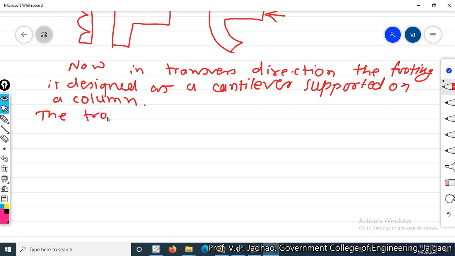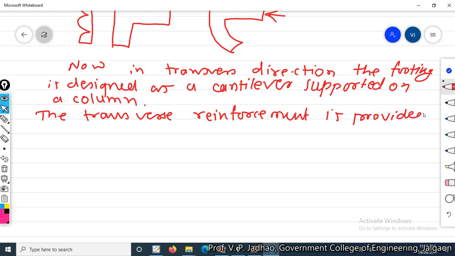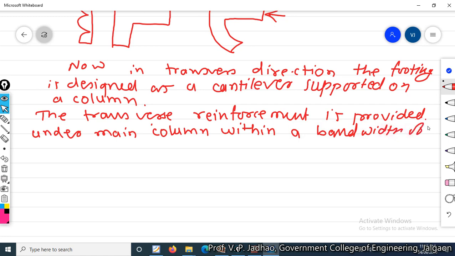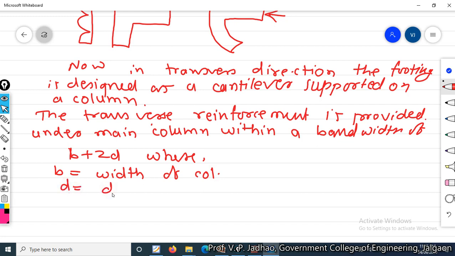Therefore the transverse reinforcement is provided under main columns, or simply columns, within a bandwidth of again b plus 2d, where small b is equal to the width of column, and small d is equal to the depth of footing.